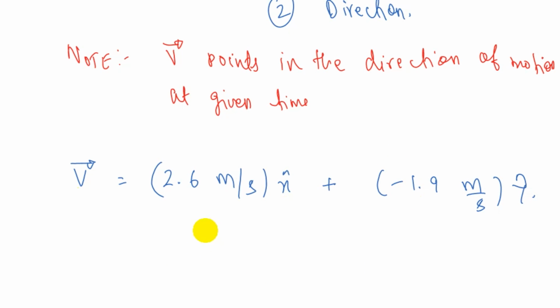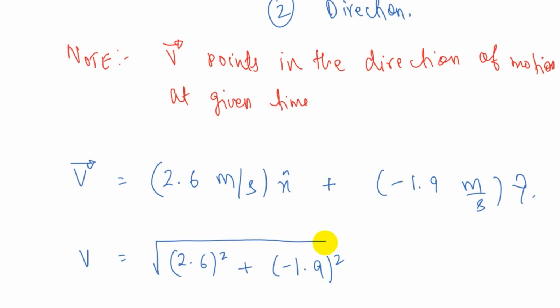The speed of the particle will be the magnitude of the velocity vector, which is given by the square root of the x component squared, which is 2.6 squared, plus the y component squared, which is minus 1.9 squared. So this comes out to be 3.2 meter per second. This would be the speed of the particle at the given time.